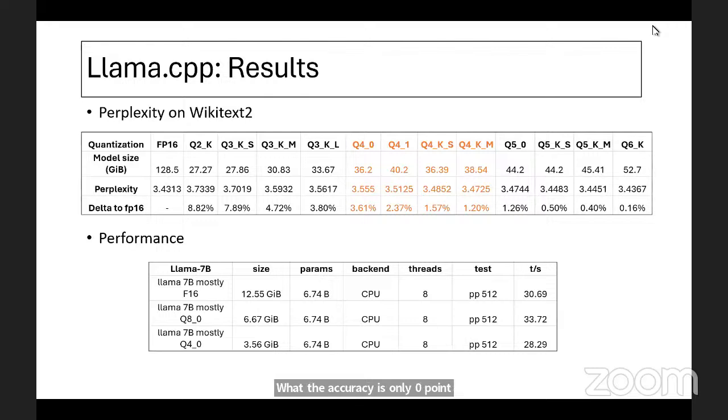So we have a very accurate model with a much smaller size.